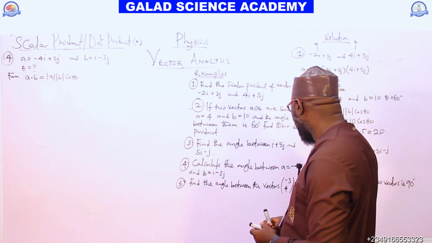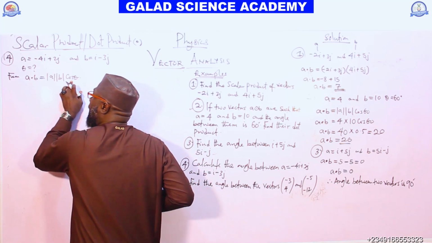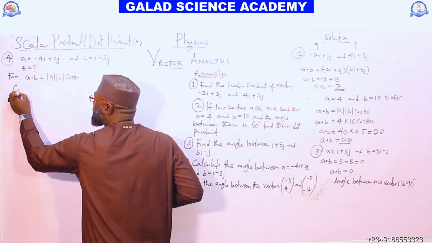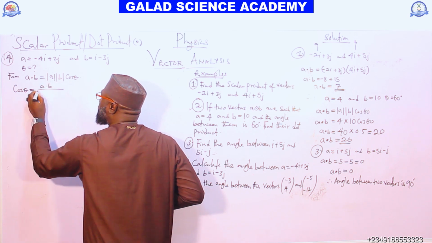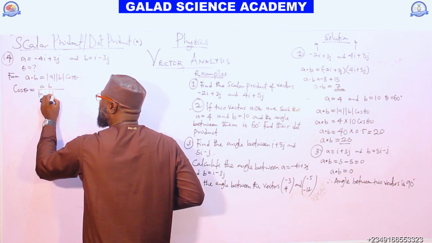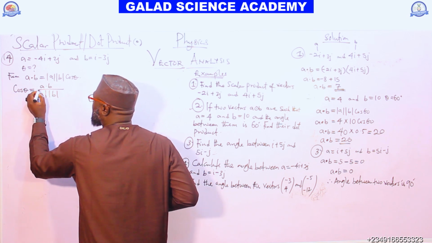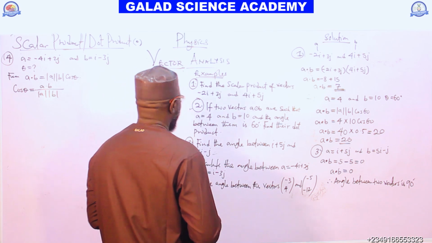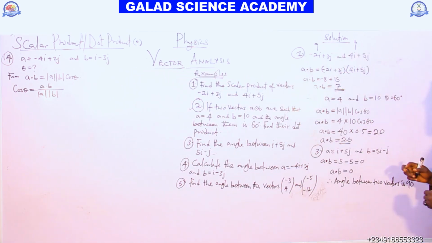So to know the angle here, we can make cos theta the subject of the formula. We have cos theta equal to A dot B over A magnitude times B magnitude. We can also apply that same formula for this side too.